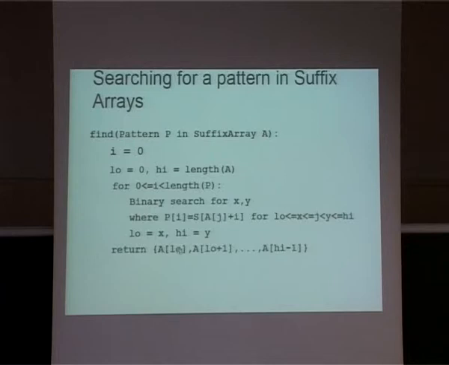Actually, this binary search can be a recursive function, and we return all the suffixes between low and high at the end. Actually, in this for loop, it is not a recursive function.